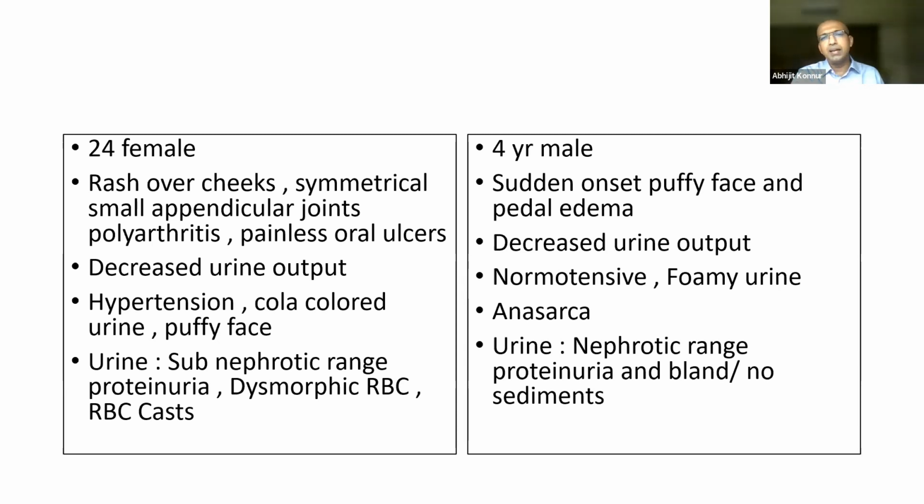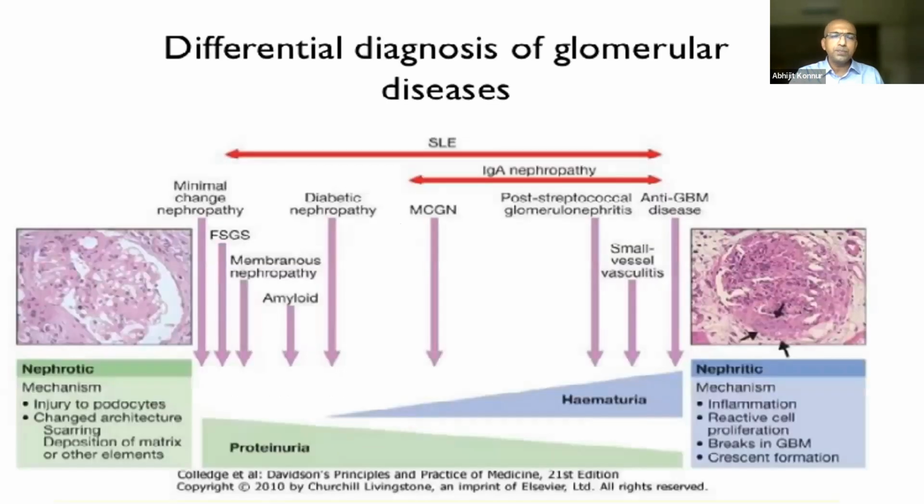On the other hand, we have a 4-year-old male who presents with sudden onset puffy face and pedal edema, decreased urine output, who is normotensive, complains of foamy urine, is anasarcic, and his urine shows nephrotic range proteinuria and no sediments. So these are the two ends of the spectrum of glomerular disease.